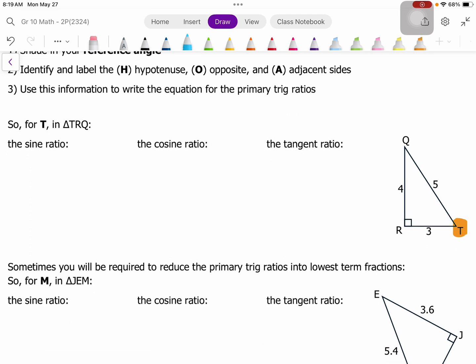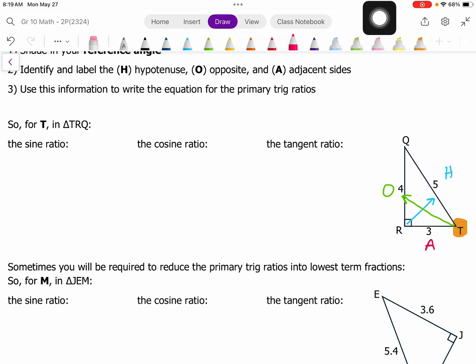Across from the right angle is my hypotenuse. Across from the reference angle is my opposite side. And the last side is my adjacent. Adjacent means beside, and this side is beside my reference angle, but it is not the hypotenuse. My reference angle has 2 sides it's beside, but one of them is the longest, and that is the hypotenuse.